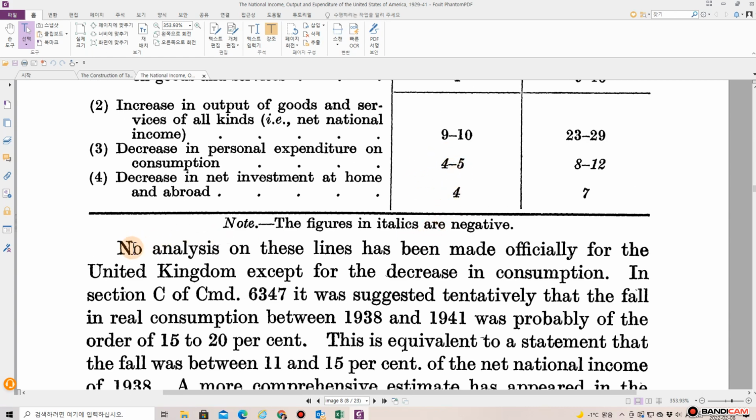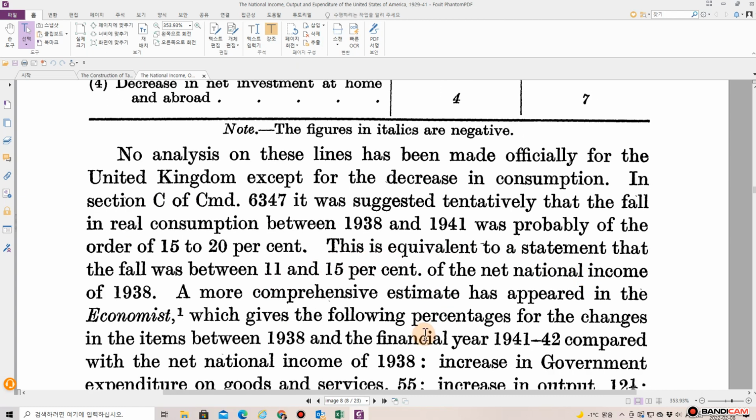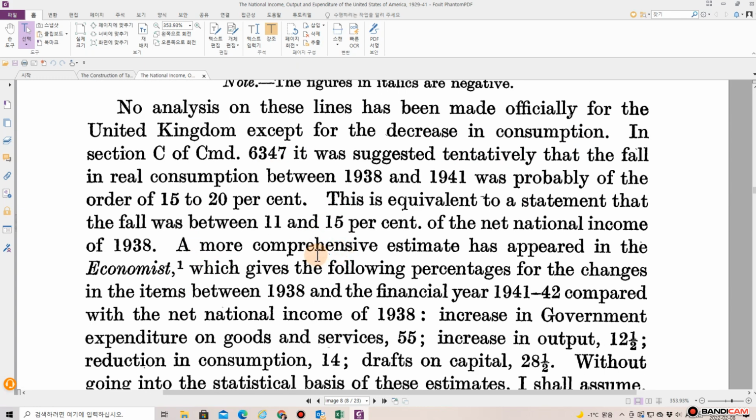No analysis on these lines has been made officially for the United Kingdom, except for the decrease in consumption. In section C of CMD 6347, it was suggested tentatively that the fall in real consumption between 1938 and 41 was probably of the order of 15 to 20%.